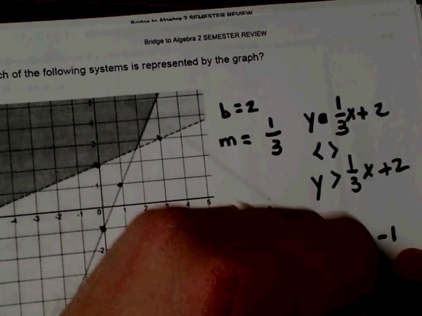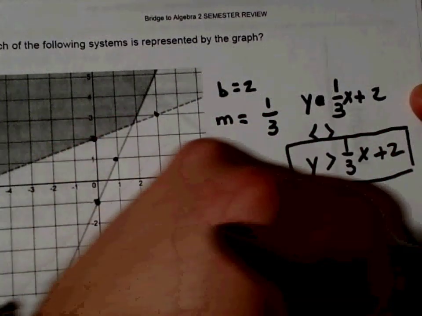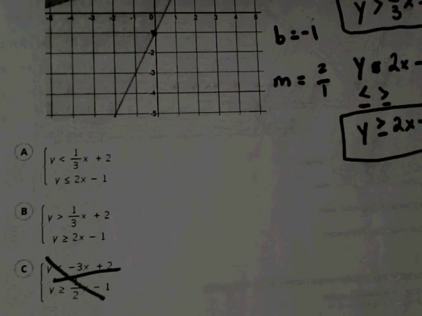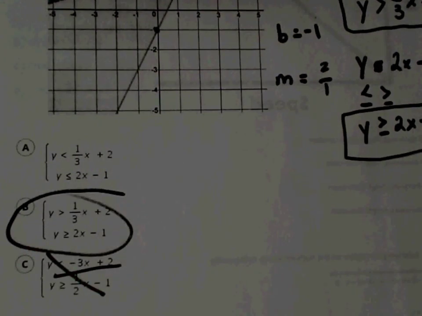So this will be y is greater than 2x minus 1. So which one of those solutions is it going to be? B. Very good. So create the equations first. That eliminated 2 answers automatically, and then pick 2 points to check.